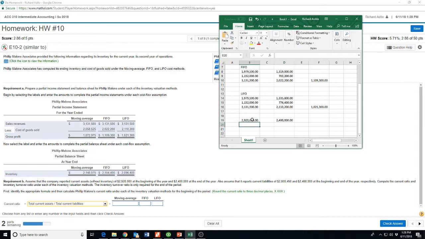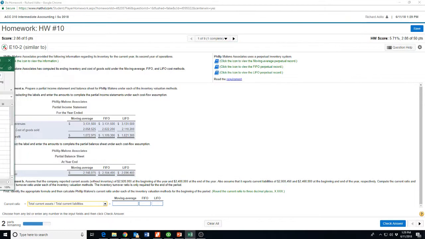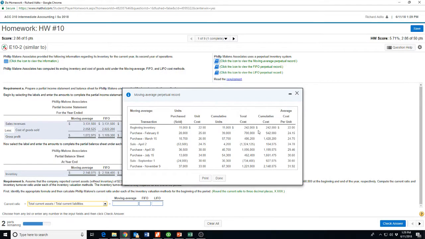Our beginning inventory under moving average was $242,000. I'm putting that in the Excel sheet. And our ending inventory, well, that's right here, is $2,148,075.